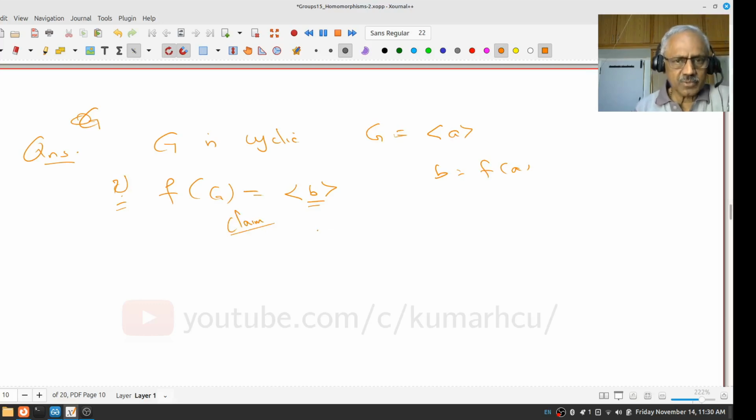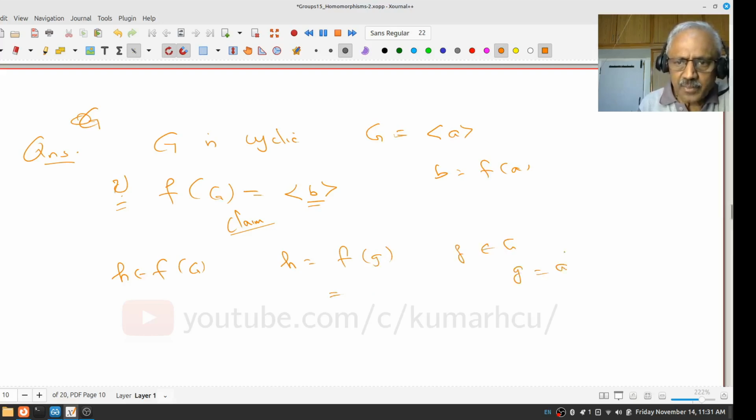This is almost obvious to do because what is f of G? Okay, start with any element h in f of G. What does that mean? h must be f of g for some g in G. But any element g, how does it look like? It looks like a power k, for k some integer, because this is a cyclic group generated by a. Therefore, all the elements are a to the power n where n is over Z, right?